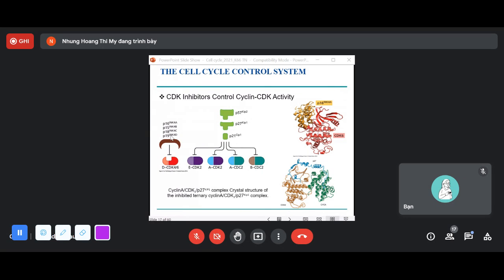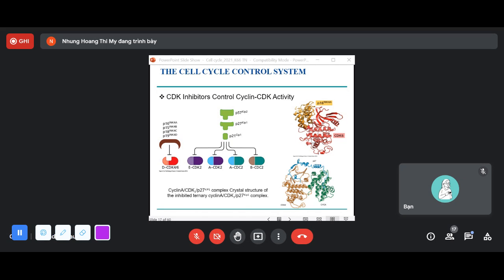So this INK class can bind to CDK4 and CDK6 and distort the binding site of the CDK6, reducing its affinity to the D-type cyclin.